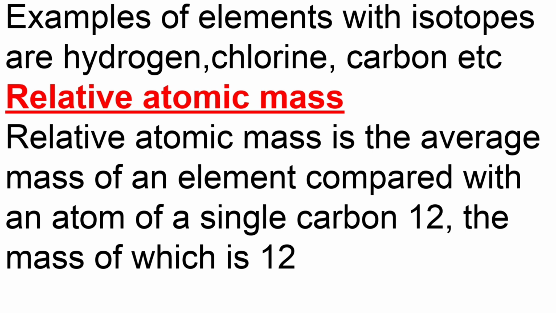Now, let's move on to relative atomic mass. Relative atomic mass is the average mass of an element compared with an atom of carbon-12, the mass of which is 12. So, relative atomic masses are masses of other atoms of elements compared to the mass of an atom of carbon-12, which is 12.